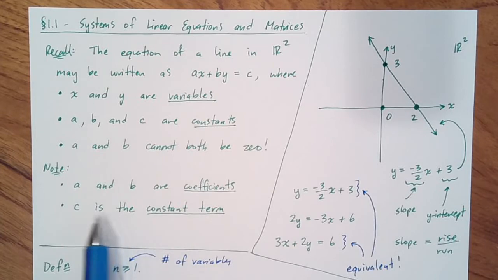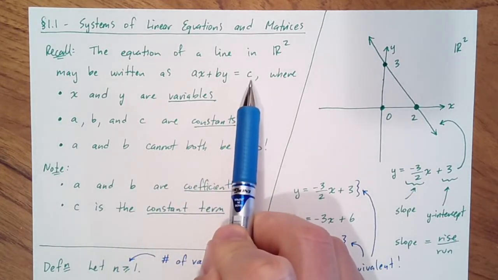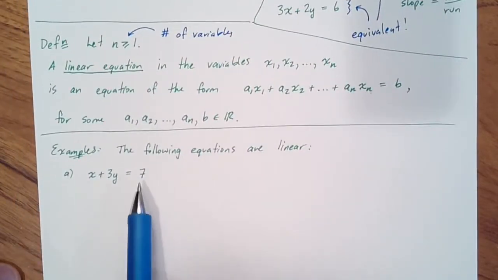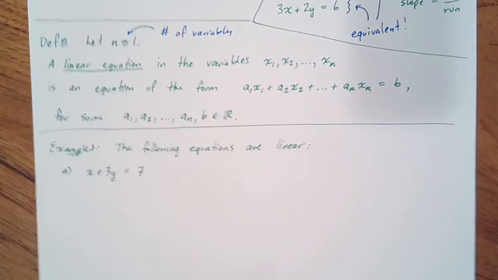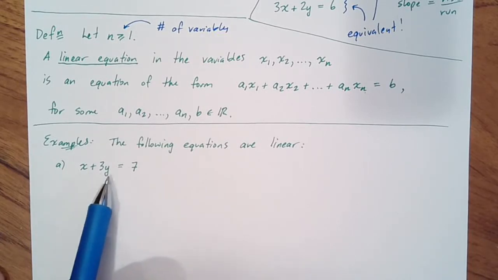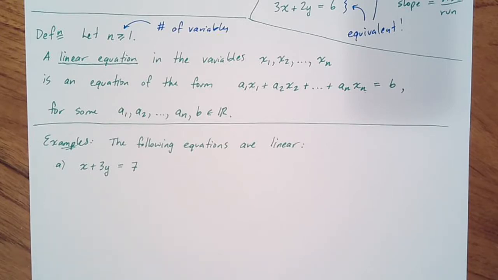The constant term is c, and this referred to the number over on the right-hand side of the equation when something is written in this form. So in our case, in this example, our constant term is going to be 7. The coefficient of the variable y is 3, right? Because 3 is the number that's multiplied onto the y. And now, I've left x for last, but what is the coefficient of x?